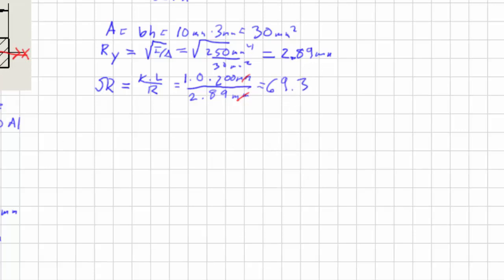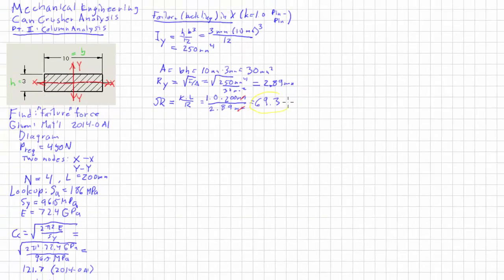So now what we want to do is compare the slenderness ratio of 69.3 to our column constant of 121.7. If our slenderness ratio is less than the column constant, that means that the failure mode is going to be dominated more by material properties. But if it's greater, that means it's very slender, and our failure mode is going to be dominated more by the length and the radius of gyration.